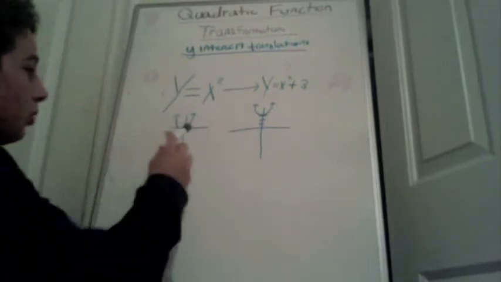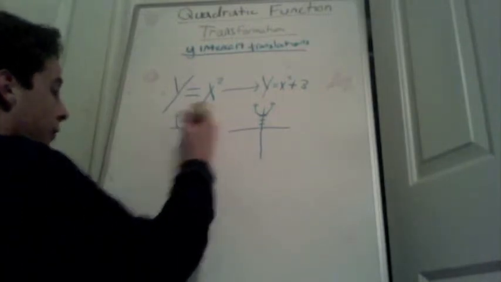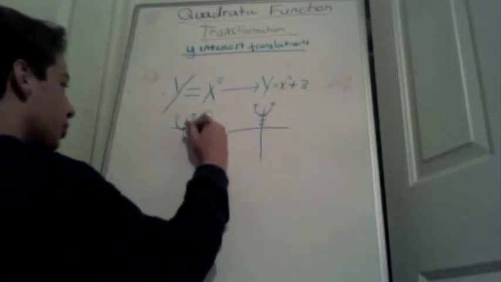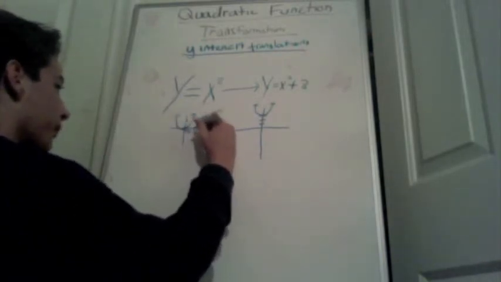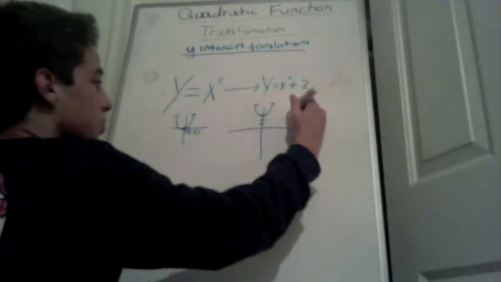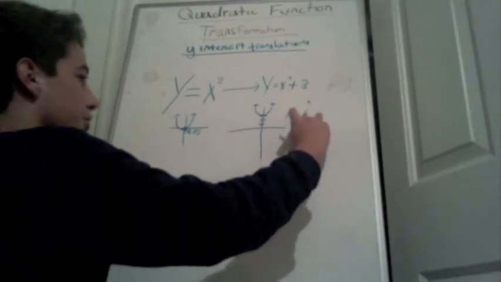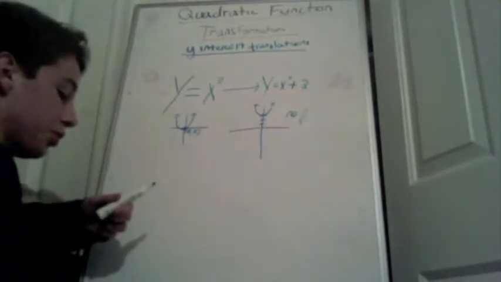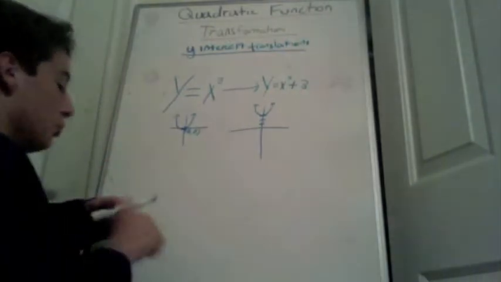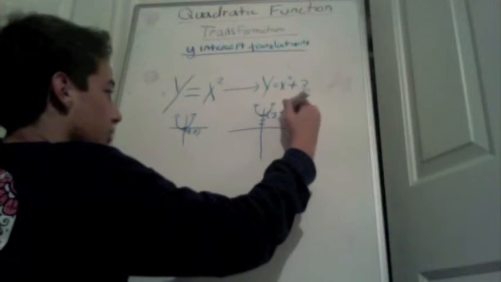So, for example, on this problem, the x and y intercept were both at the origin, 0, 0. And in this one, it changed to being no real solution for the x-axis, and it moved up 3 to 0, 3 on the y-axis.